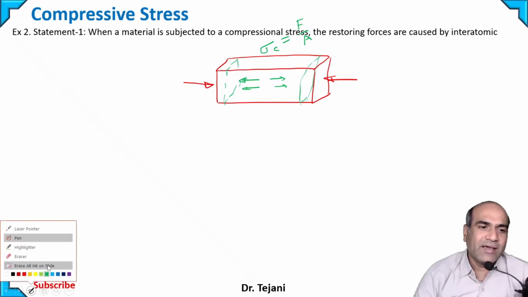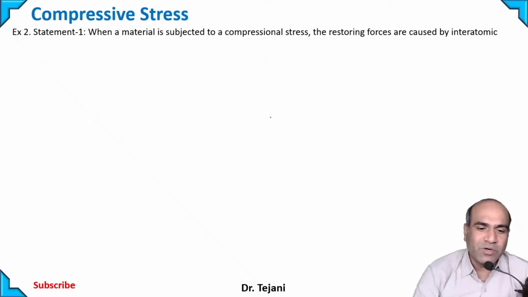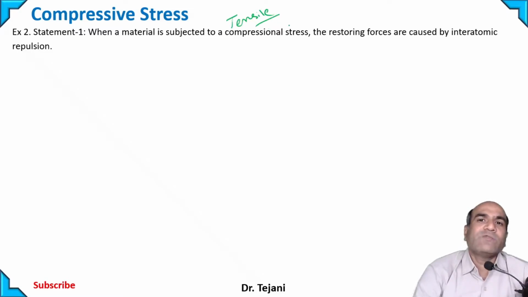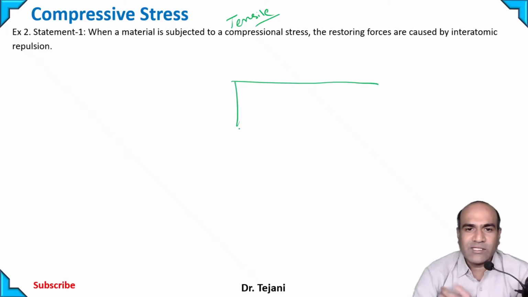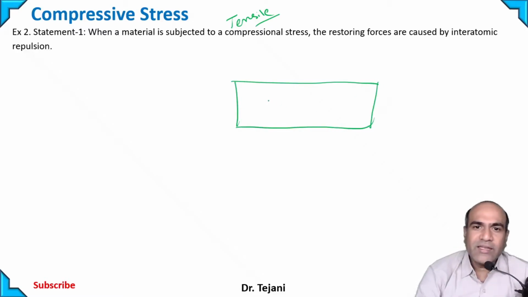So we have one more example, example number two. Statement one says that when a material is subjected to a compressive stress, a restoring force is caused by intermolecular repulsion. Now, we have seen this in the case of tensile. If it was true in the case of tensile stress, that means it is also true for compressive stress. Say for example, this is our rubber, and initially it has two molecules at this position.